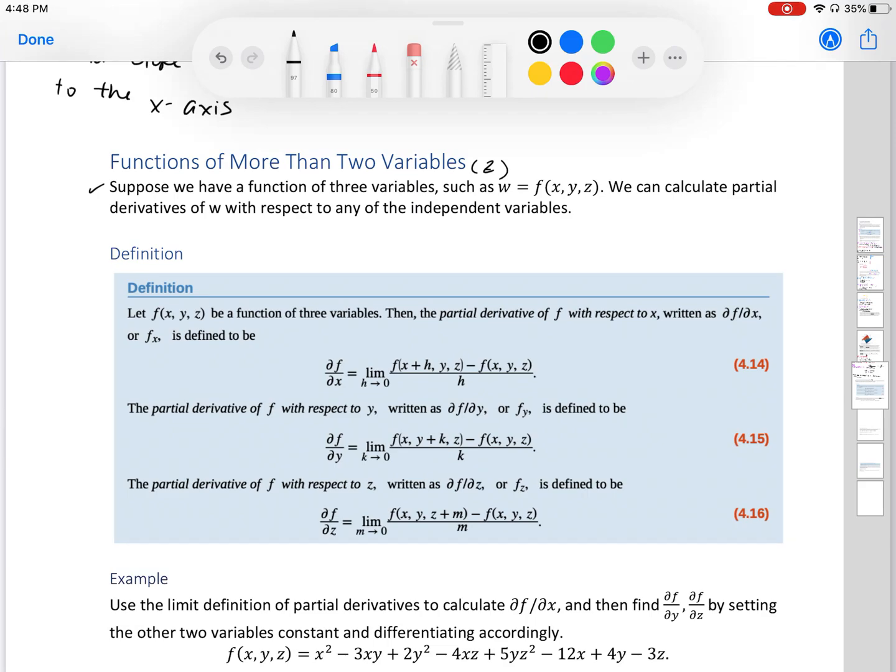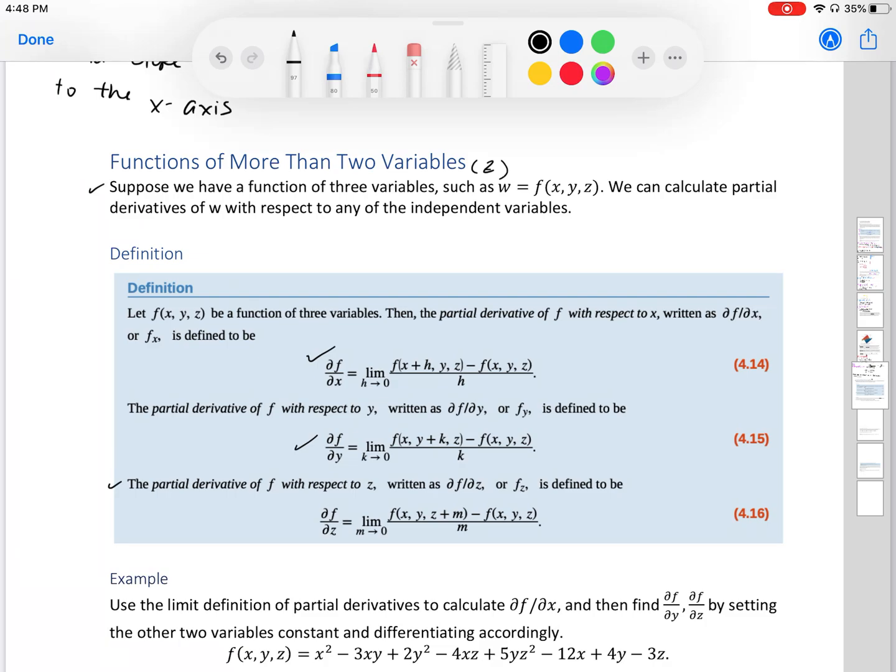Definition. Let f of x comma y comma z be a function of three variables. Then the partial derivative of f with respect to x is written as df dx, or f sub x. We already defined x, we already defined y, our new one is z.